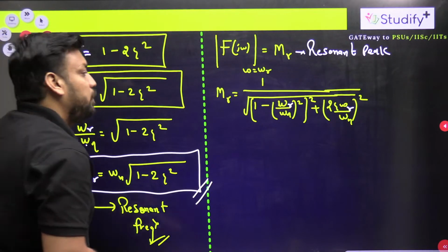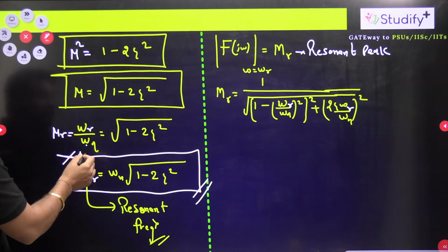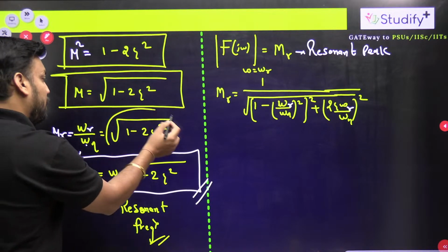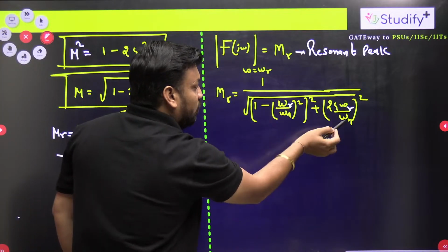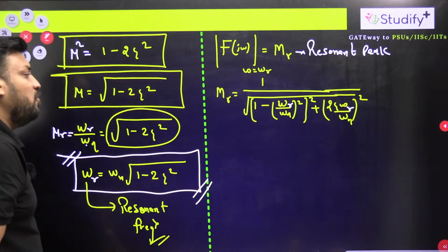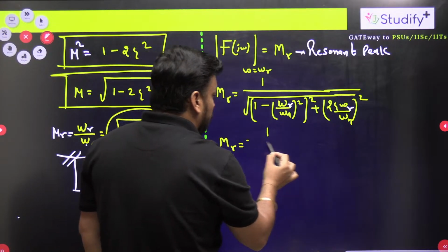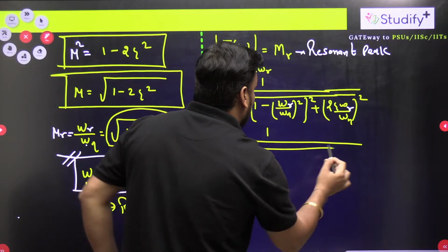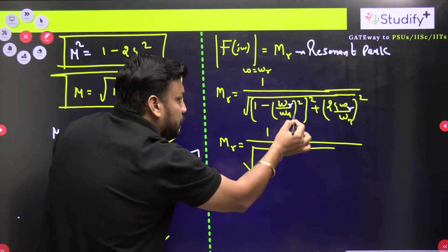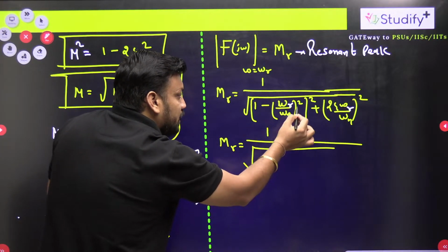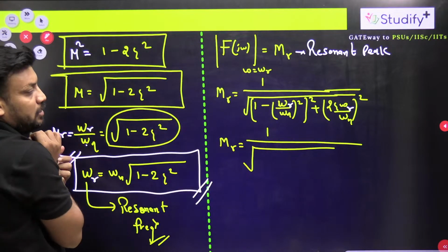So in place of omega r by omega n, can we put root of 1 minus 2 zeta square? Wherever there is omega r upon omega n, can we put root of 1 minus 2 zeta square? Yes, sir. So if I put this now, I should get 1 upon root of, in place of this bracket only, root of 1 minus 2 zeta square. So don't you think this square will get cancelled with this square root?